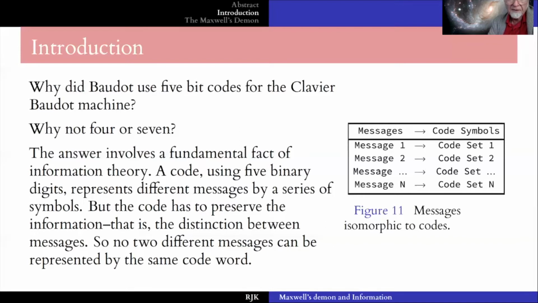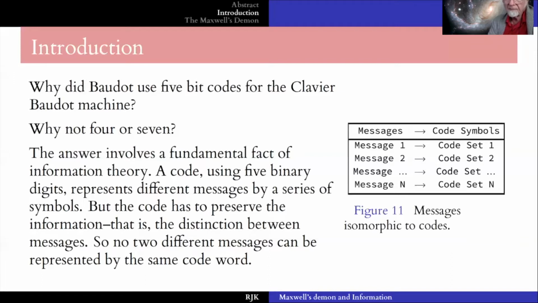But the code has to preserve the information, that is the distinction between messages, which if we remember back, we're calling the definition of information, the ability to reliably distinguish between messages.